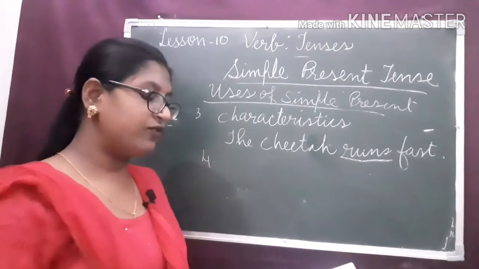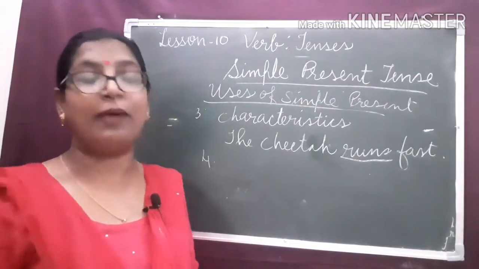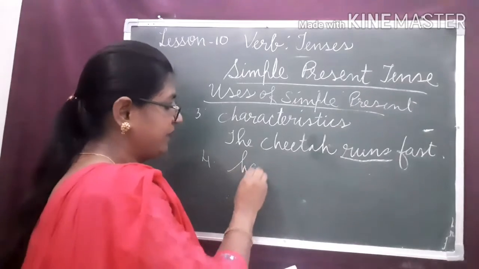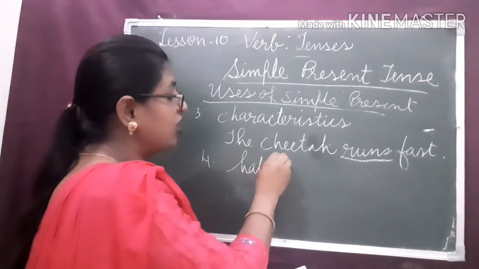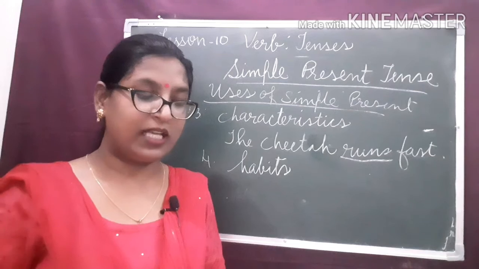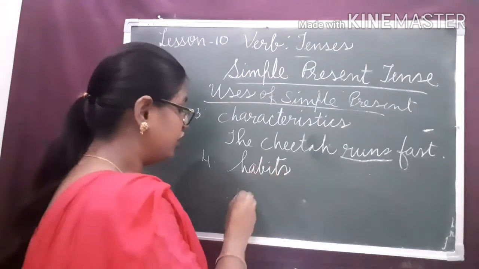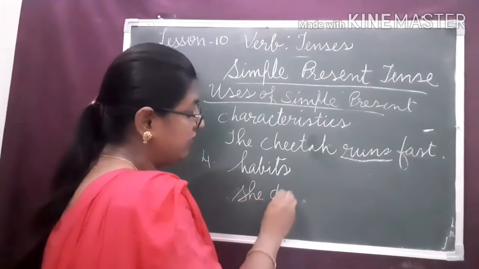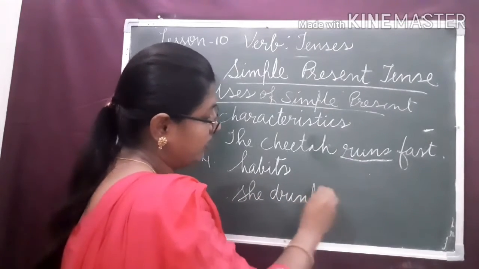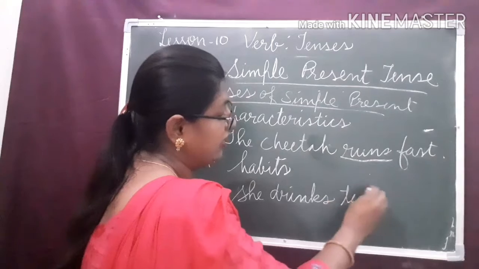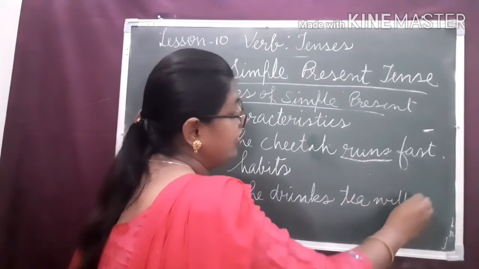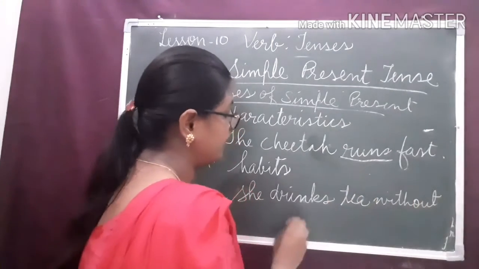The fourth use of simple present tense is to talk about habits of someone. For example, she drinks tea without sugar.